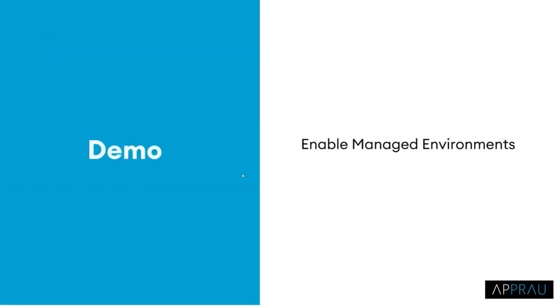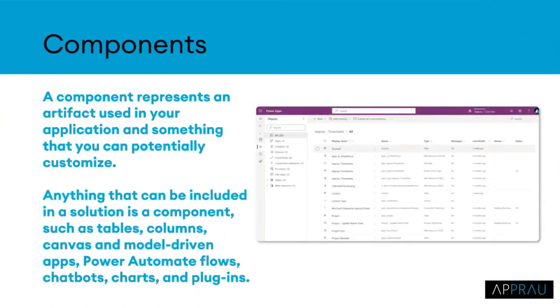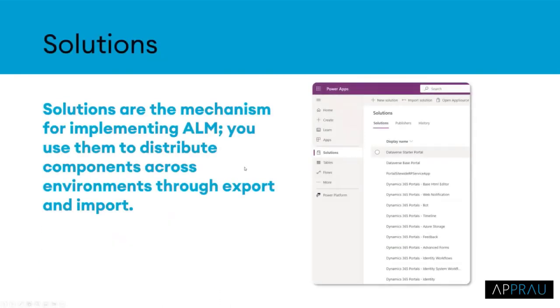All right. So in the past, what we used to do was create a solution and then export it. You probably can't see it here, but there's a button called export. You tick this, export the solution, then switch to the other environment and import the solution. So you have to manage everything by yourself.